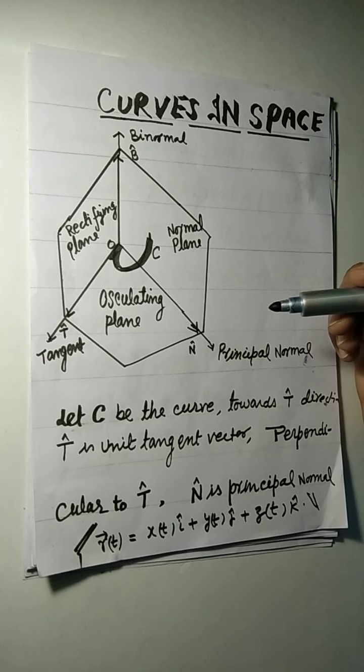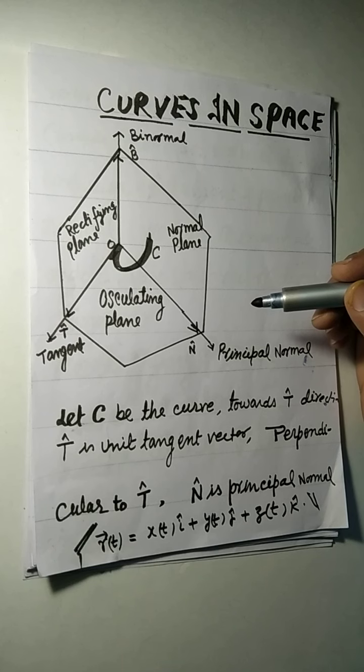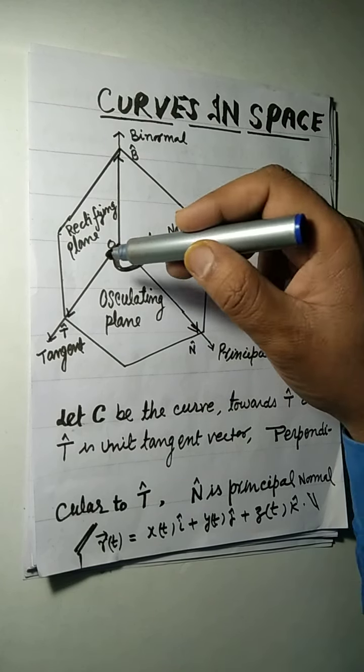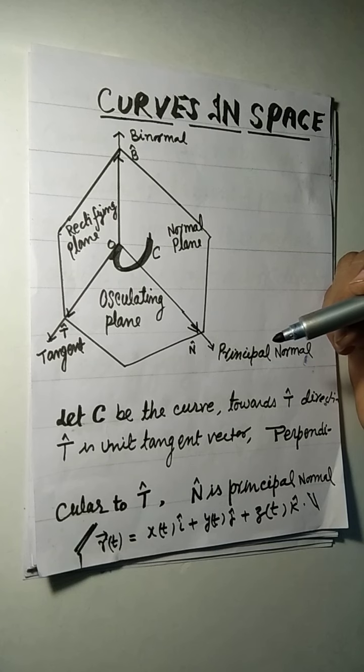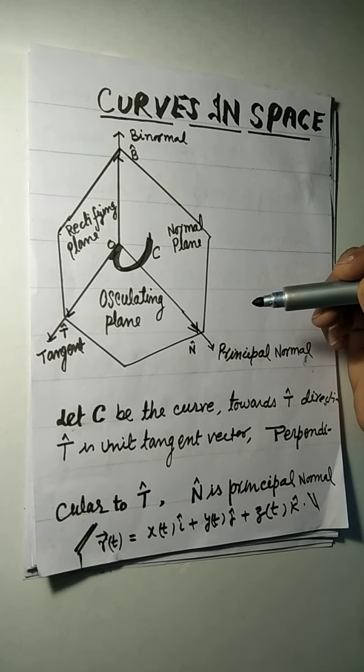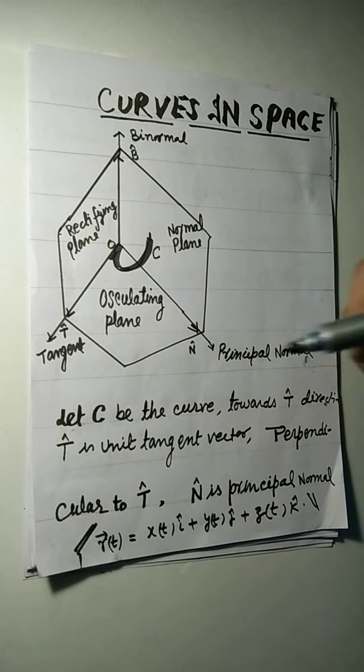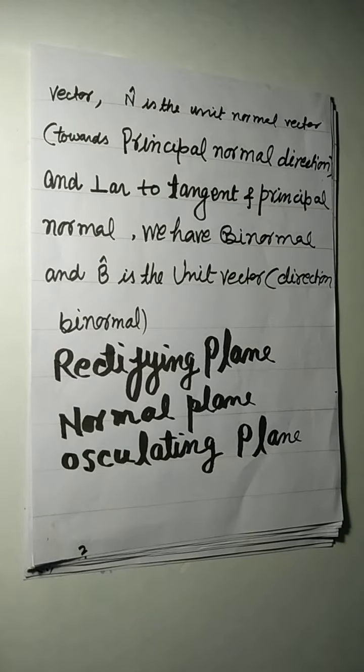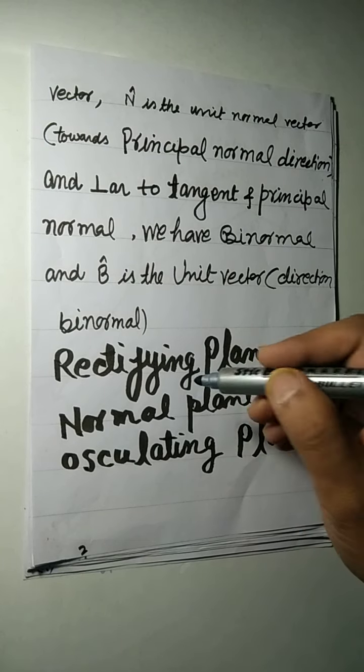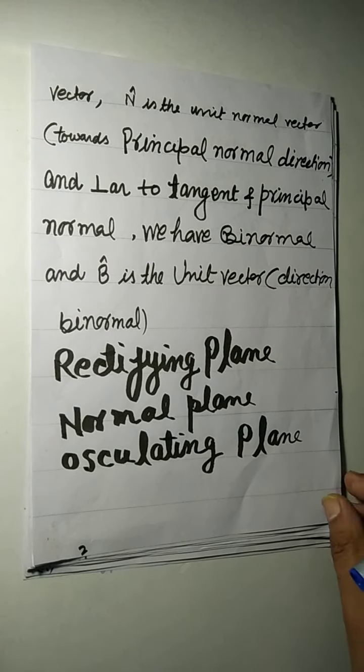At every point of the curve, there exist three mutually perpendicular planes: osculating plane, rectifying plane, normal plane. These planes can be determined by pairs of these perpendicular lines. We have this rectifying plane, normal plane, and osculating plane.